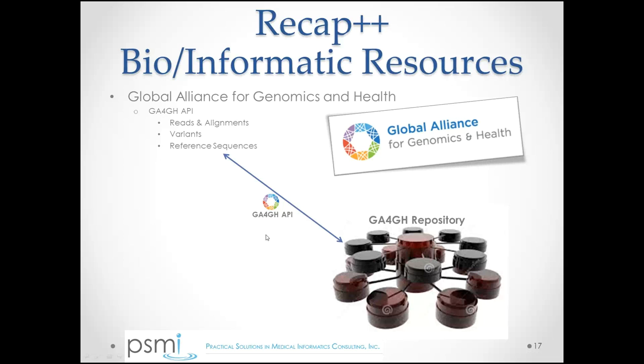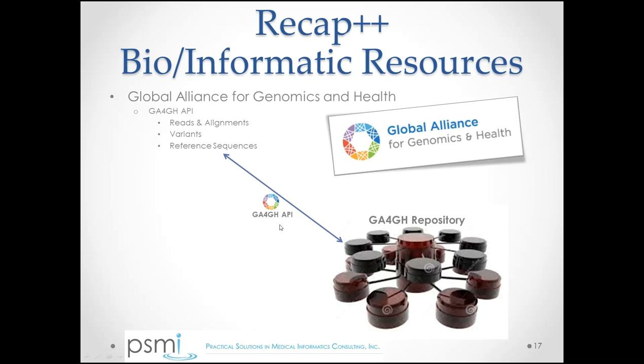And this API would allow you to feed this repository. Through this API, you can send FASTQ data into the repository. You can send VCF files into this data repository. So there's a GA4GH repository, and there's a GA4GH API for loading the repository and for querying it.